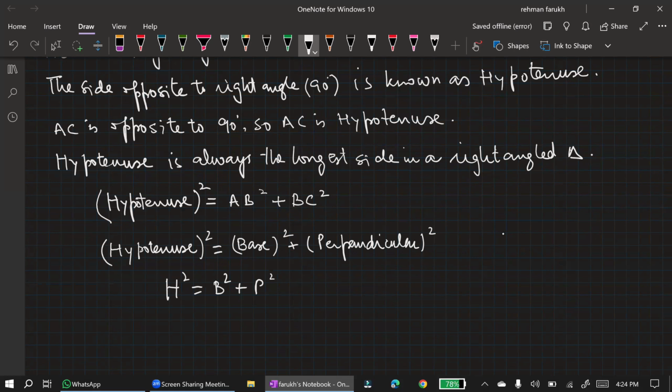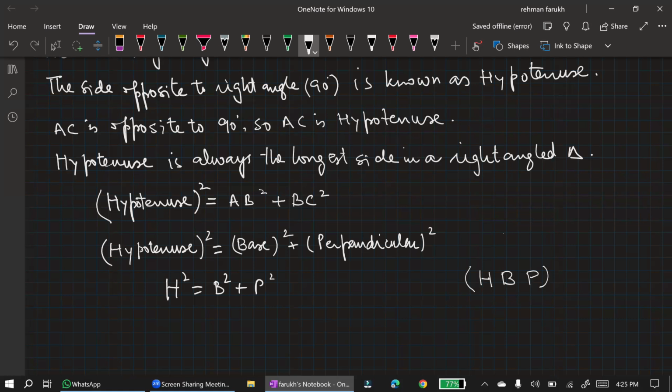We can memorize this with the help of a disease: high blood pressure. H square is equal to p square plus b square. Hypotenuse on one side and the sum of the squares of the other two sides on the second side.